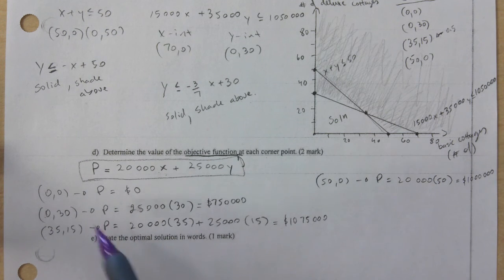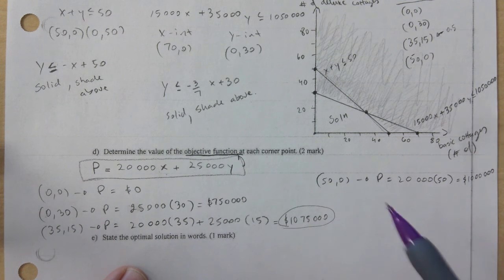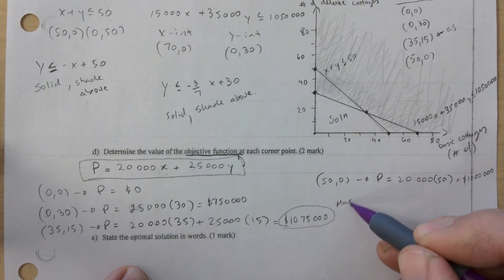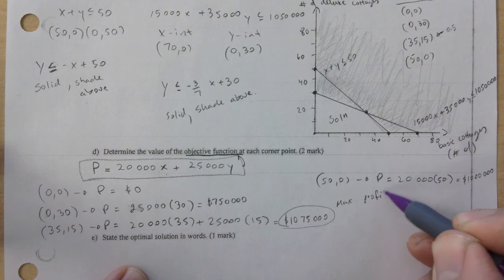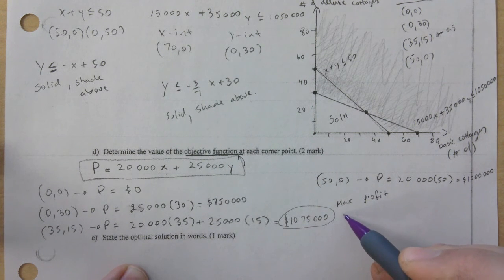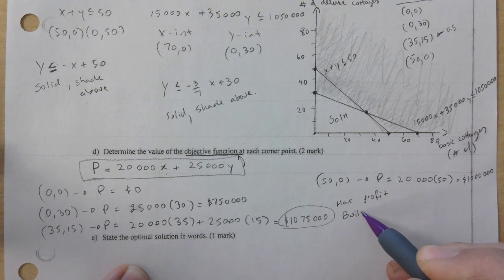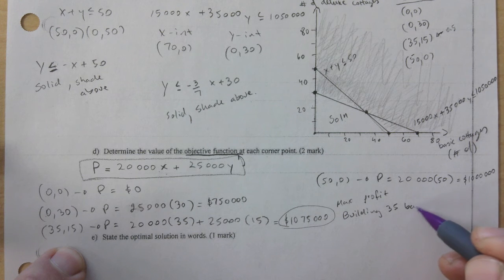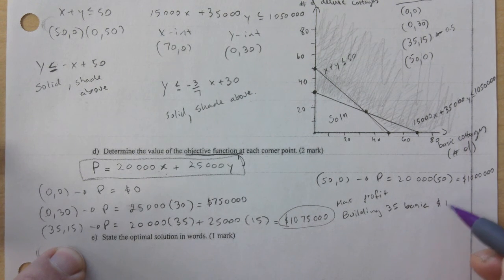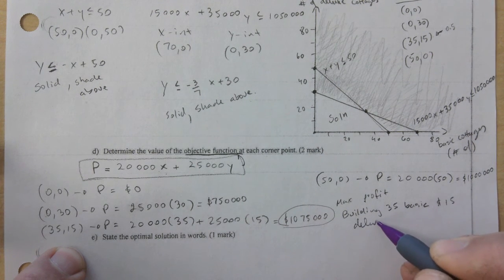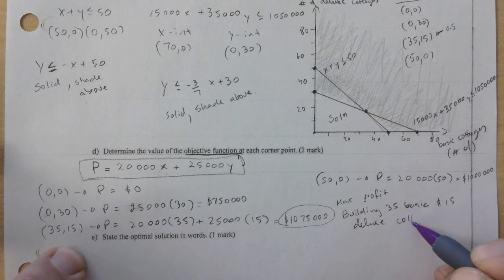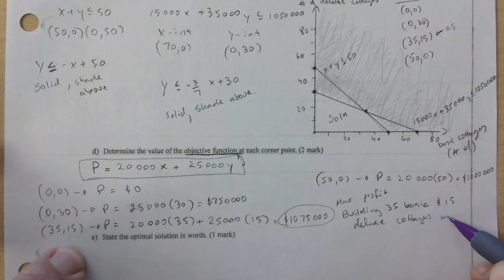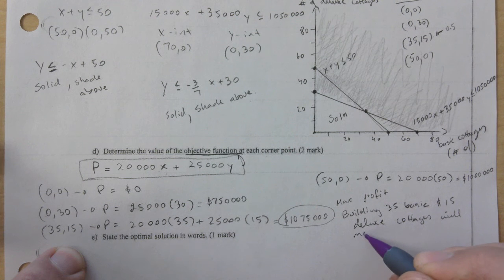So out of all these options, this is the one that will maximize profit. So building 35 basic and 15 deluxe cottages will maximize profit.